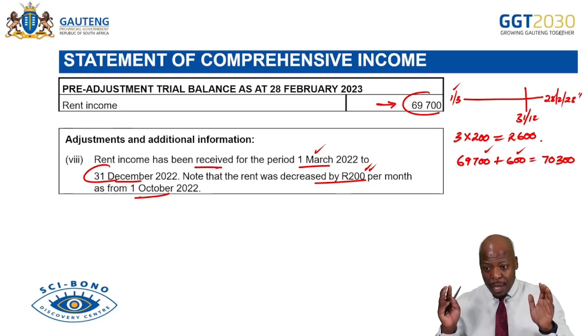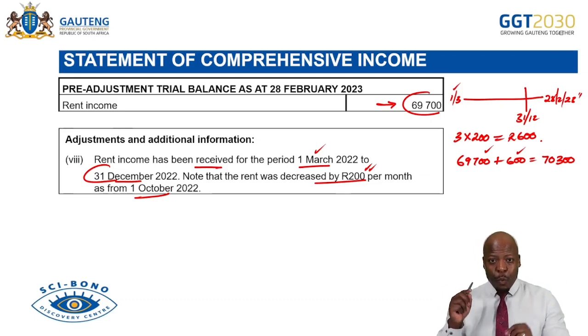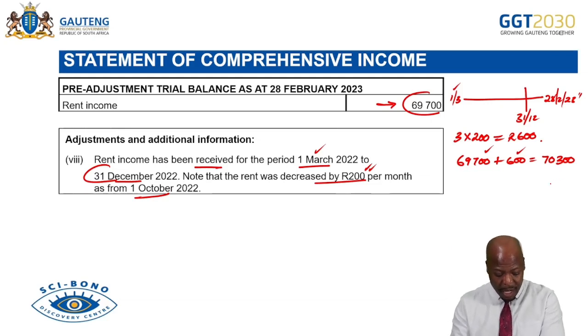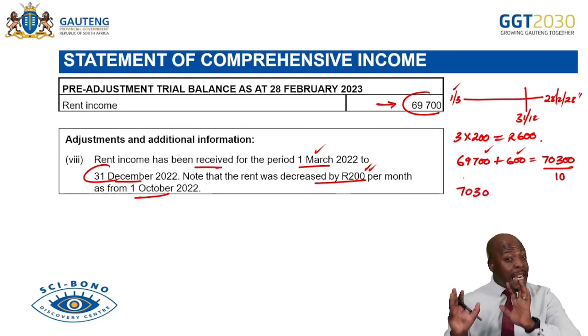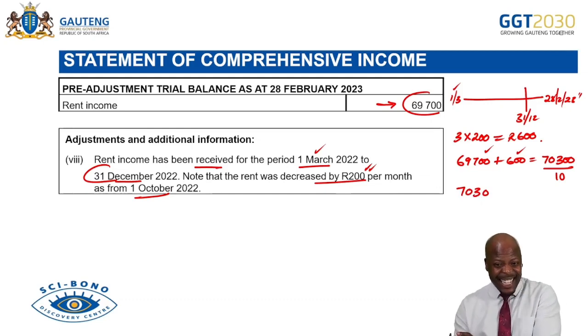For these 10 months, but without any change, I can take my 70,300 and divide it by these 10 months. Are you still following me? So now I know that rent per month before it decreased was 7,030. That was the rent per month before it went down by 200 in the month of October.